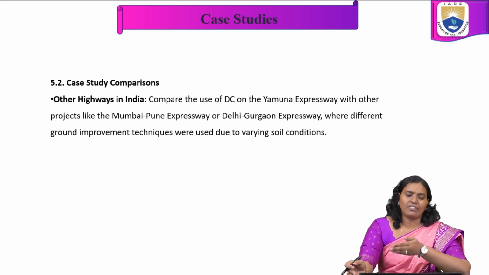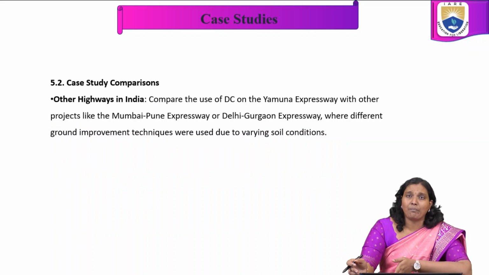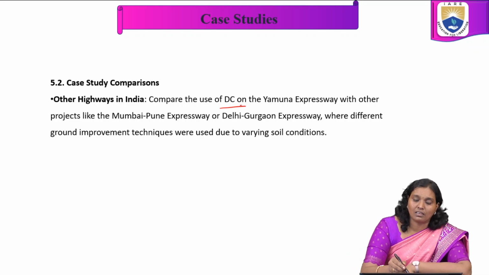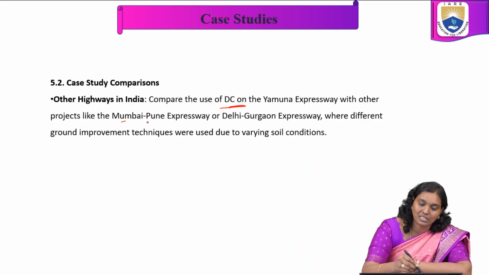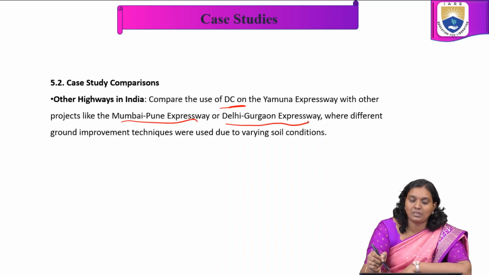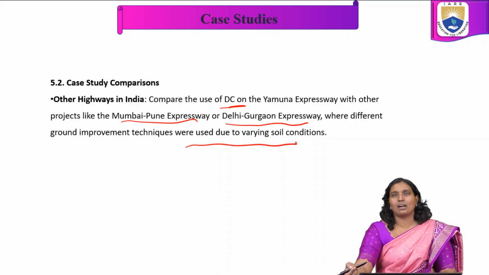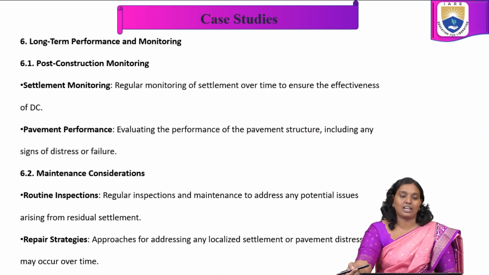In different types of highways, we may also compare the use of dynamic compaction on this expressway with other projects like the Mumbai-Pune Expressway or Delhi-Gurgaon Expressway, where different ground improvement techniques were chosen due to varying soil conditions. These comparisons we are also going to understand.